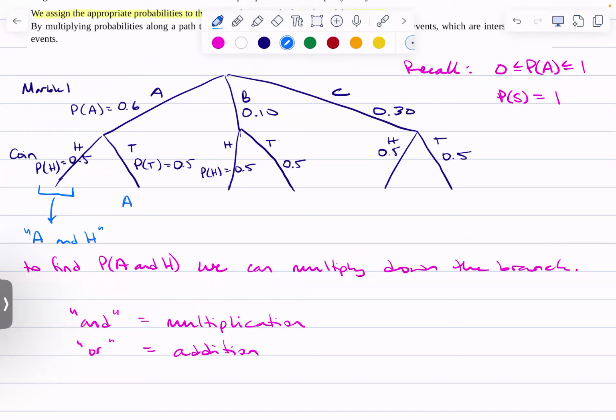Now, usually how I shortcut this is I just write an AT. So AH implies A and H, AT implies A and T. So here is BH, here's BT, CH, and CT.